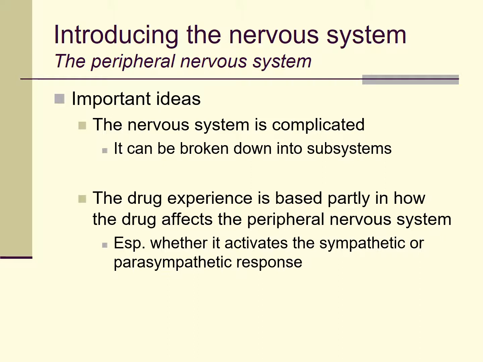So especially whether a drug activates the sympathetic or parasympathetic branch of the autonomic nervous system, that tone, whether it's more sympathetic or more parasympathetic, will influence how the drug feels to the user. Whether he or she feels revved up and activated or calmed and sedated by the drug can be described in part as a function of the effects that that drug has in the periphery.